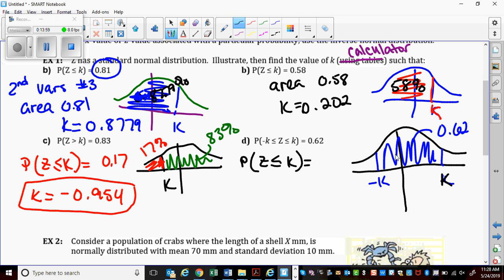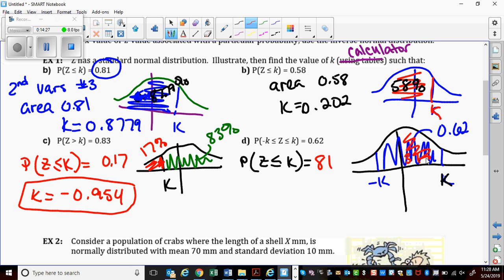Well, in order to figure that out, I know this is symmetric. This area is equal to this area. So I'm going to do 62 divided by 2, which is 31. So this right here is 31. We know this is 50%, all the way from negative infinity. Well, 50 plus 31 is 81. So I'm just going to find the area underneath the curve between negative infinity and k, where 81% is my area.